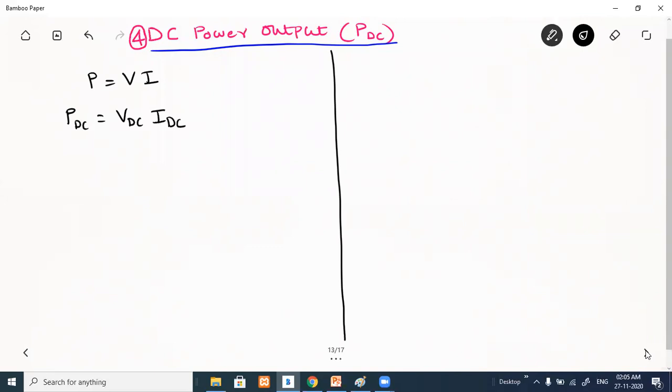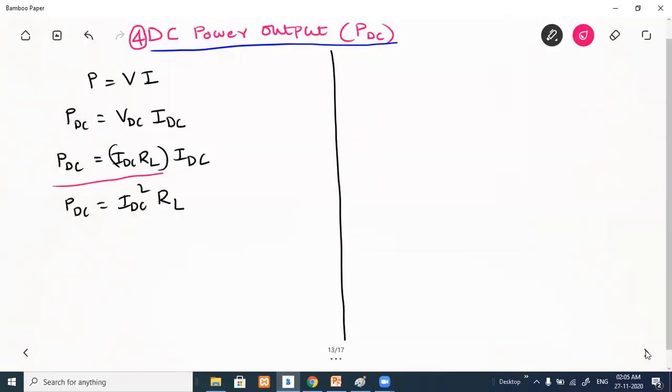That is power in terms of voltage and current. So this PDC is also equal to, with VDC equal to IDC into RL, IDC into RL multiplied by IDC, which gives PDC equal to IDC square into RL. So this is one expression for output DC power.